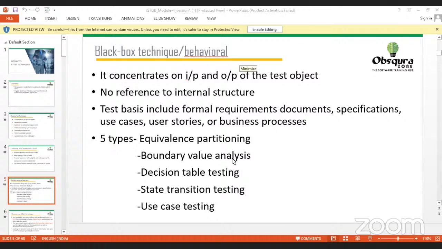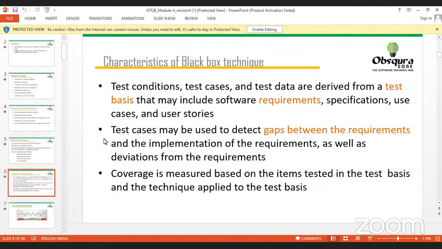Okay, thank you. Now next we will move on to, before explaining what is equivalence, what is boundary value and all, we will just go through the characteristics of the black box testing techniques. Here, as we have mentioned, these test cases, test conditions and test data we are deriving from the test basis.